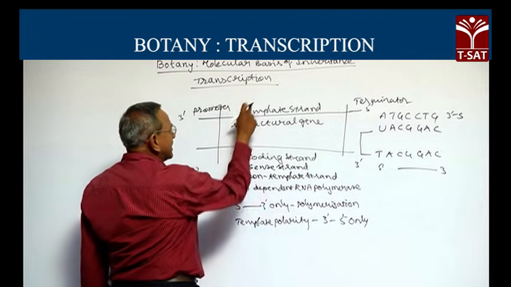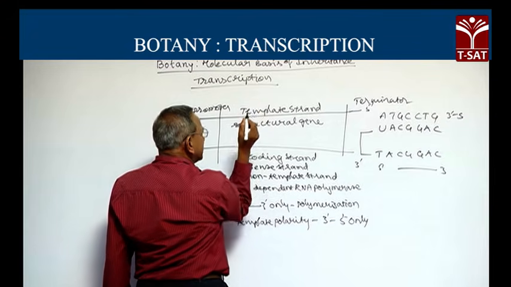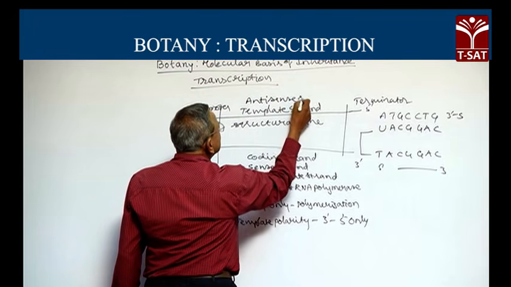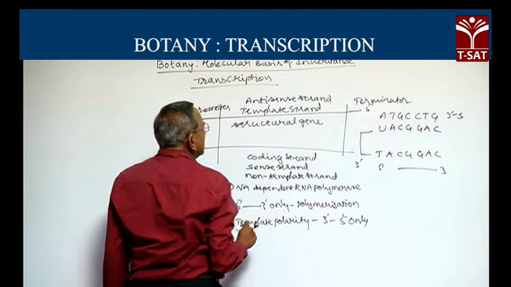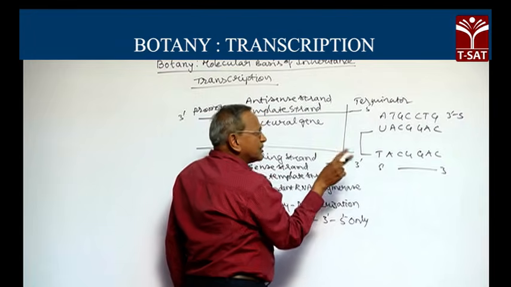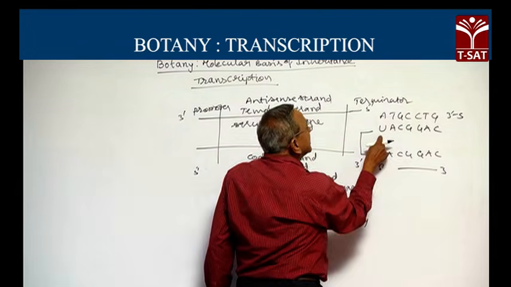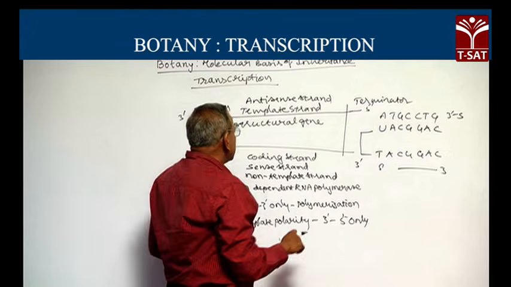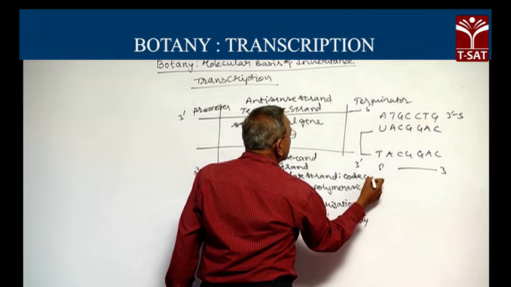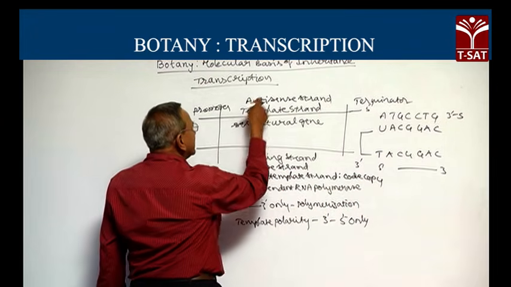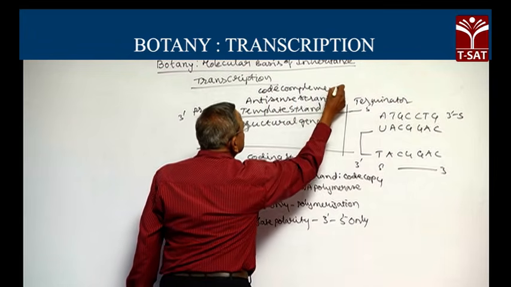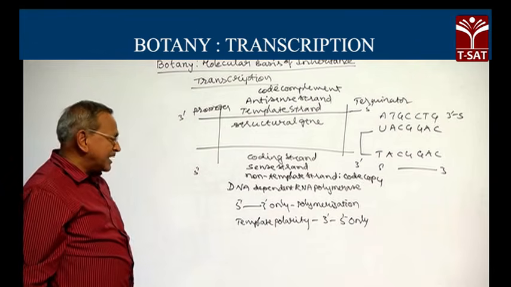Since this is called the sense strand, the template strand can be called the antisense strand. The coding strand and the RNA produced are similar except for thymine. It can be considered a code copy also, and the template can be called the code complement.